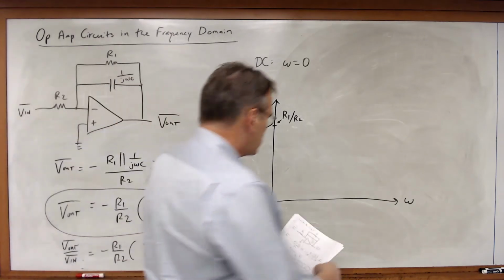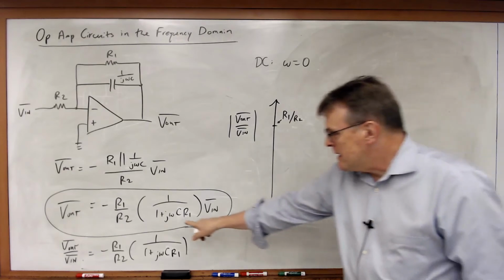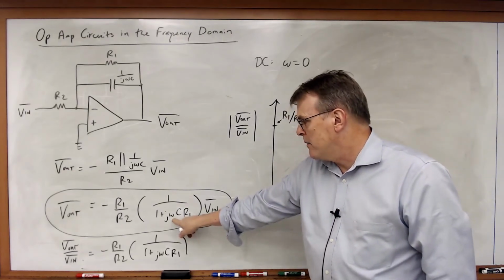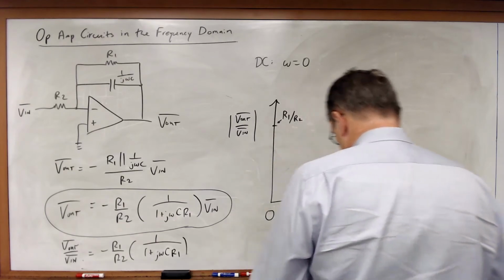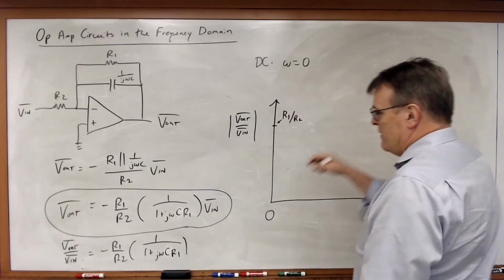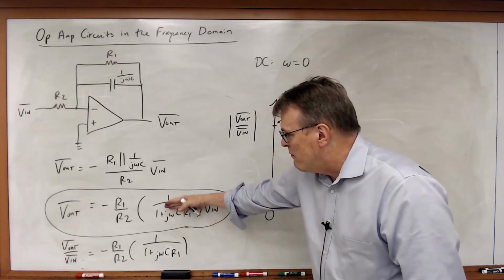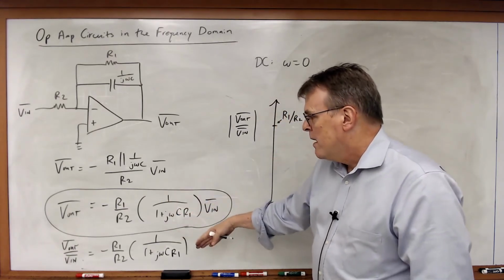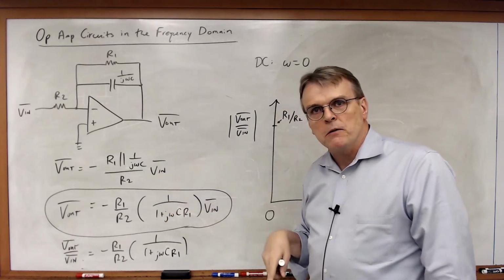But now let's start increasing omega. Let's let this term get bigger and bigger. As omega gets larger, the magnitude of this denominator gets very, very large, which means that the magnitude of this term goes to 0.